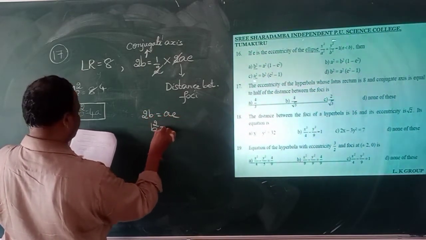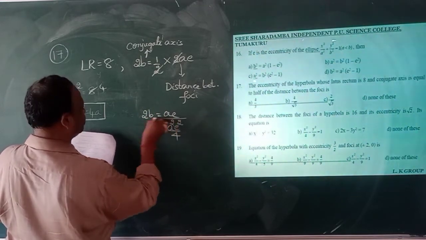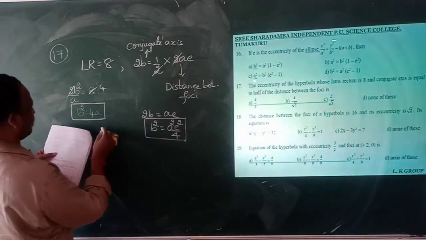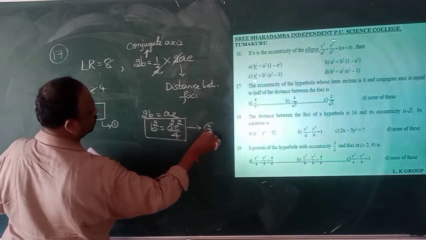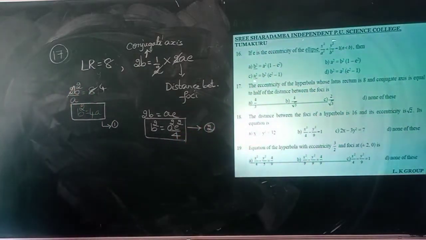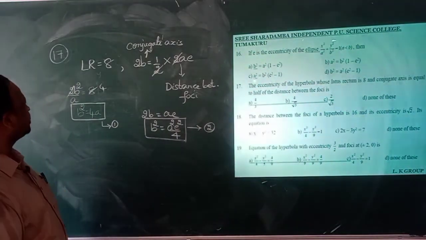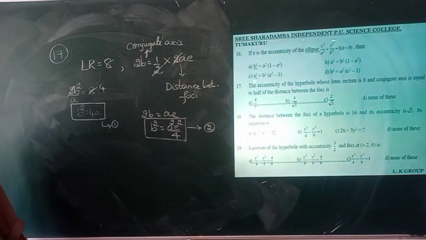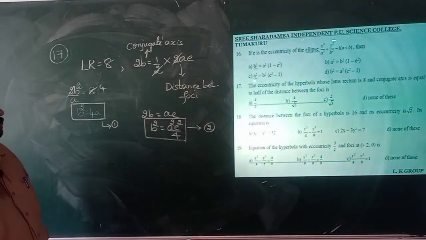or b square is equal to a square e square by 4. Let us call the first equation 1 and this one equation 2. Now observe, the very important thing is they have given the latus rectum length as 8, so 2b square by a is equal to 8, and the length of the conjugate axis is half the distance between the foci, so 2b is equal to half of 2a.